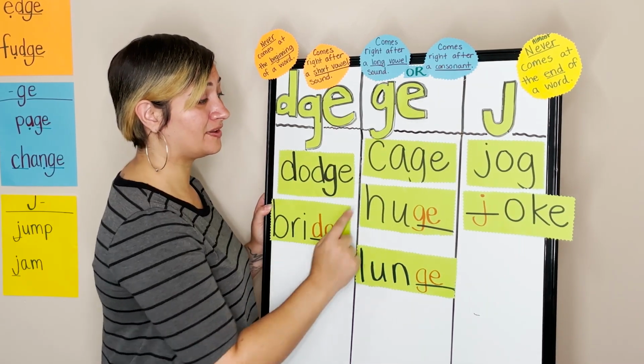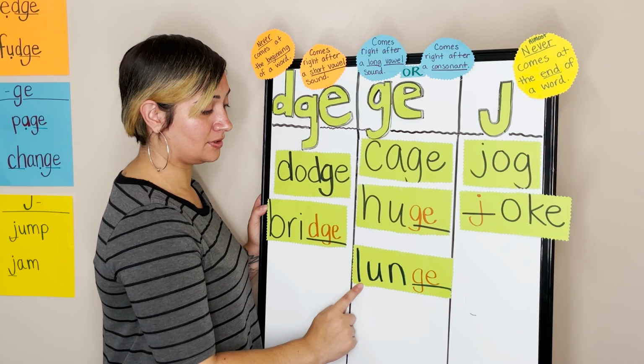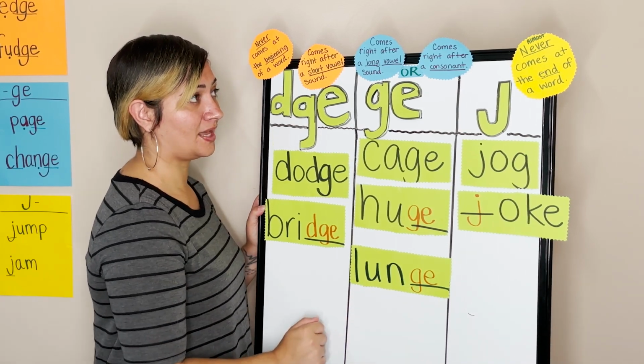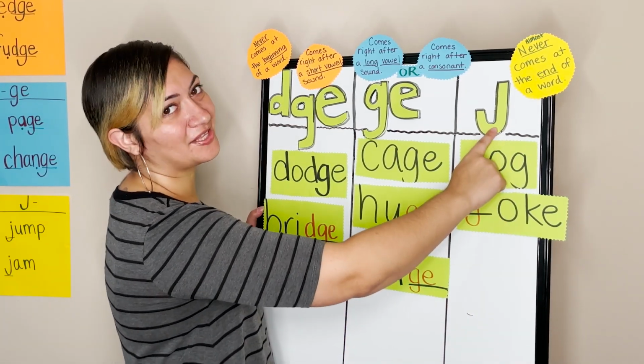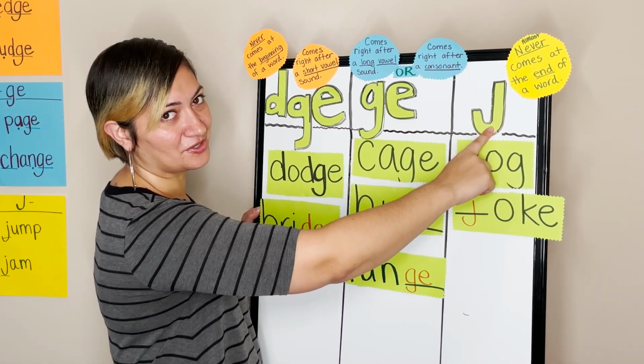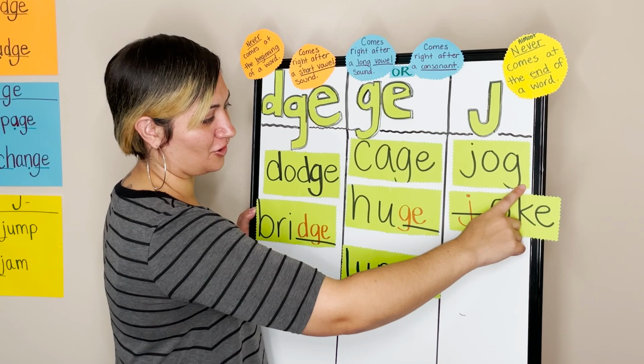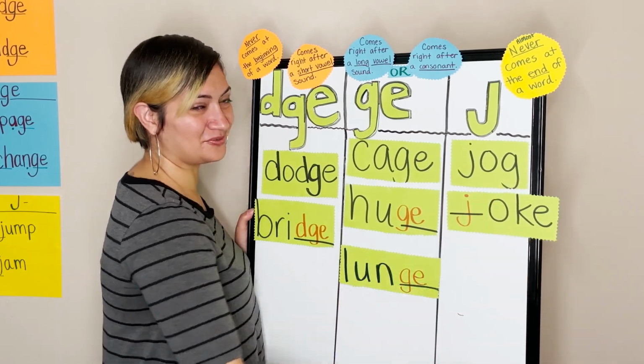What words do we have? Cage, huge, lunge. Nice. And then we have our letter J, which usually doesn't come at the end of the word. We usually see it at the beginning of a word, like in the word jog and joke.